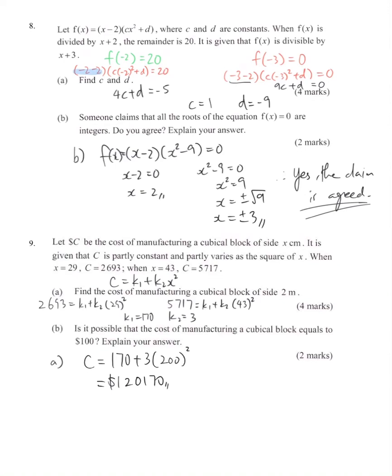this much. In part B they are asking whether it's possible that the cost of manufacturing a cubic block equals 100. This is pretty simple, because in part A our equation is in this format, where x is an object, so it has a length.